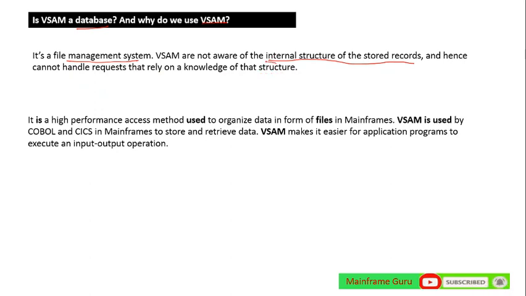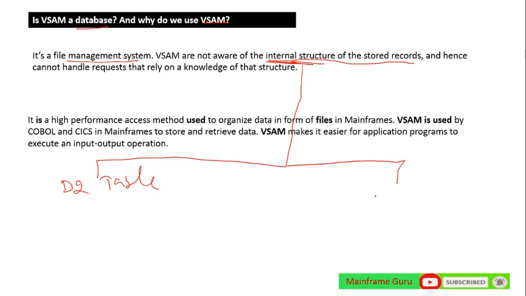What is the internal structure of which VSAM is not aware? Let me tell you by example. You know a DB2 table, okay, and on the other side there is VSAM.